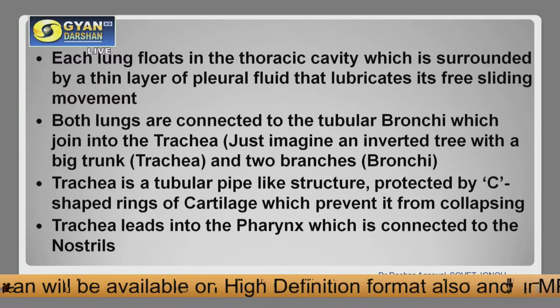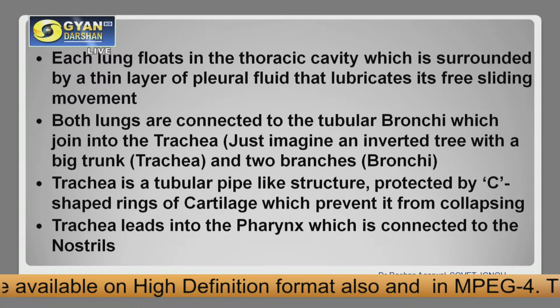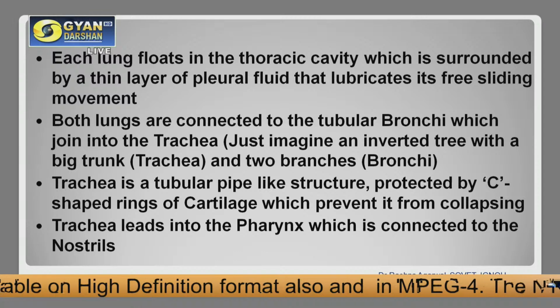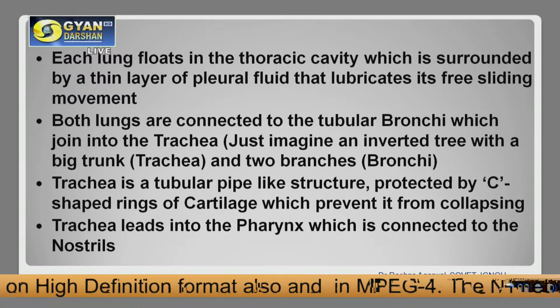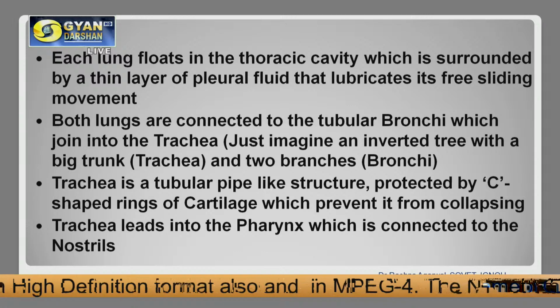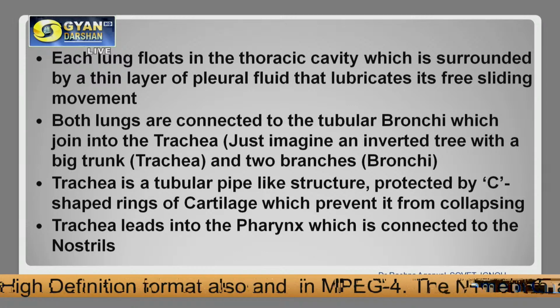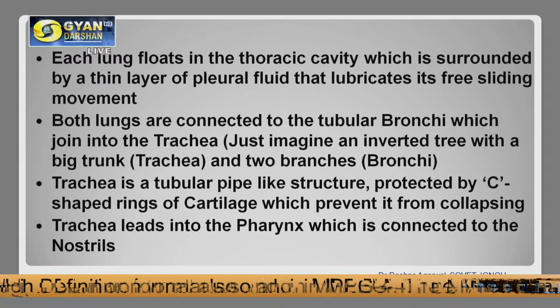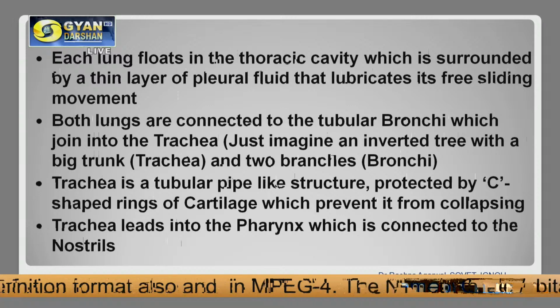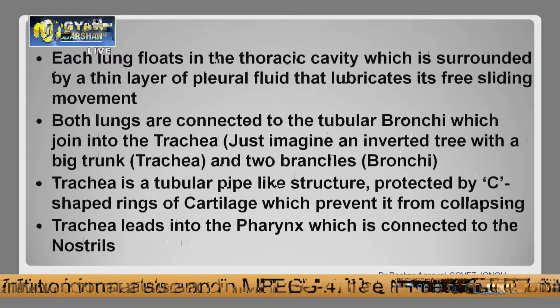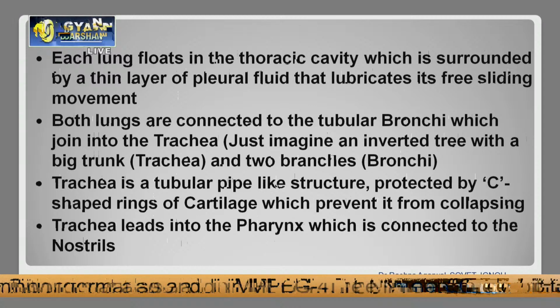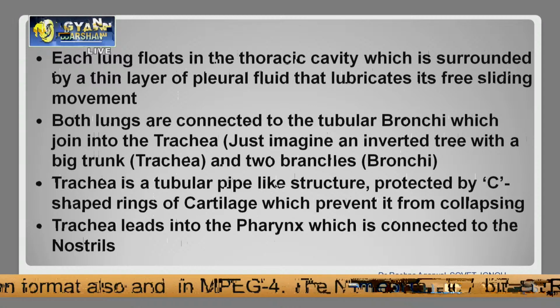These C-shaped rings of cartilage prevent it from collapsing. The trachea leads into the pharynx, and further it is connected to the nostrils on the upper side, and on the lower side it divides into two bronchi which enter into the lungs.